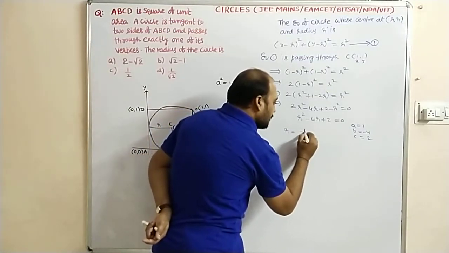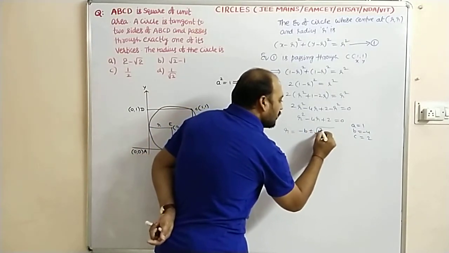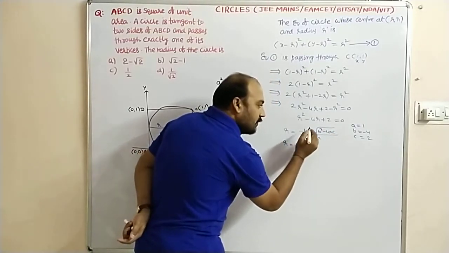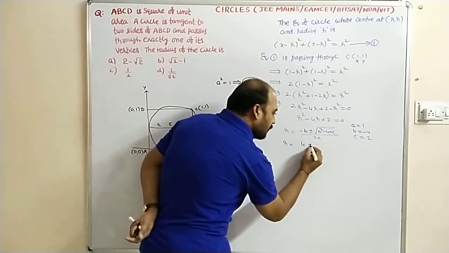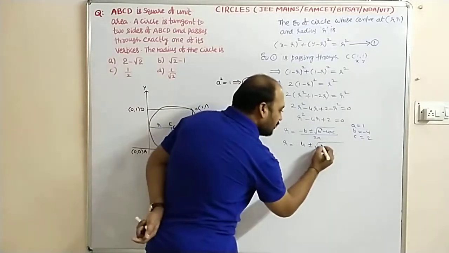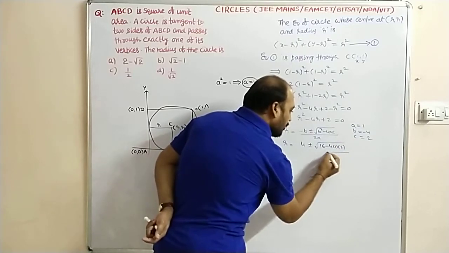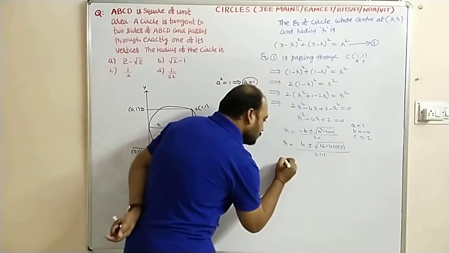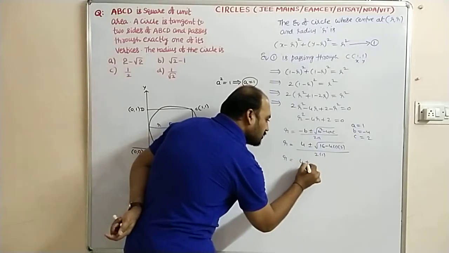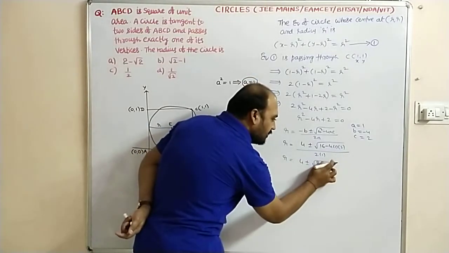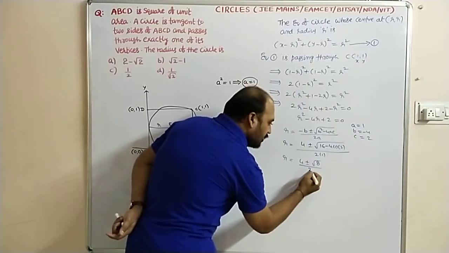The roots of this quadratic equation are minus b plus or minus root of b square minus 4ac divided by 2a. So r equal to minus of minus 4 plus or minus root of (minus 4) whole square minus 4 into 1 into 2, divided by 2 into 1. So r equal to 4 plus or minus root of 16 minus 8, which is 8, divided by 2.